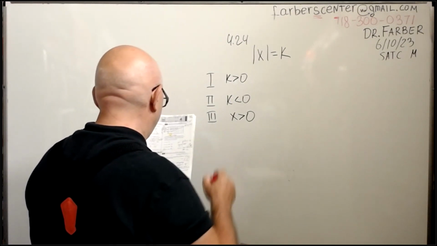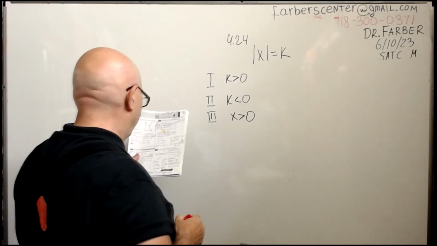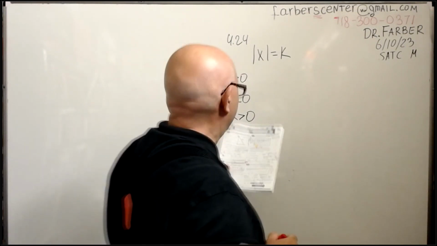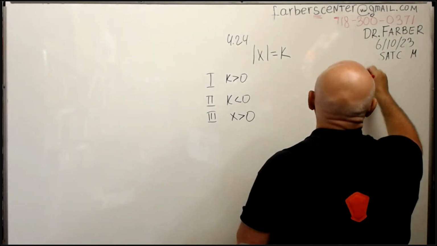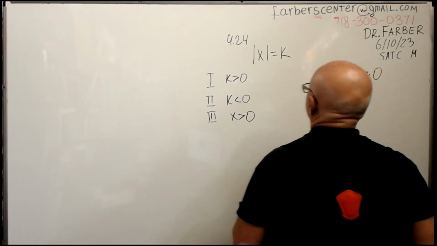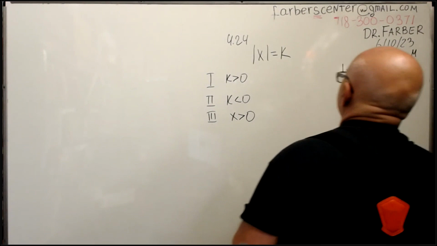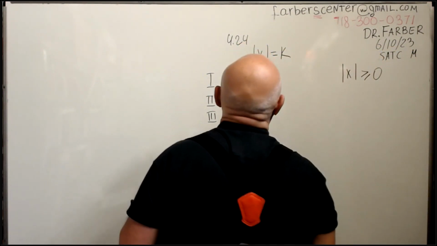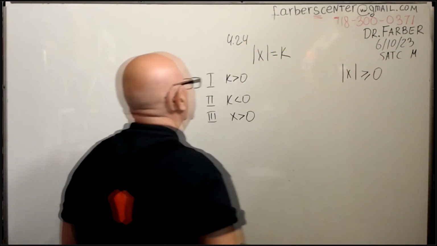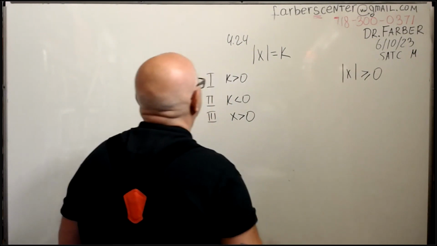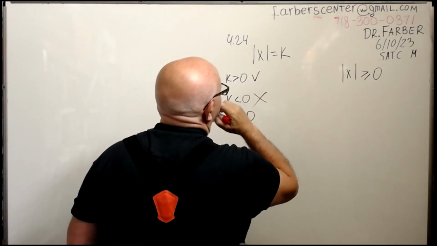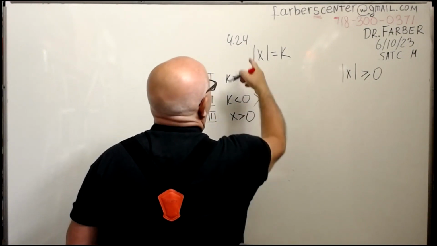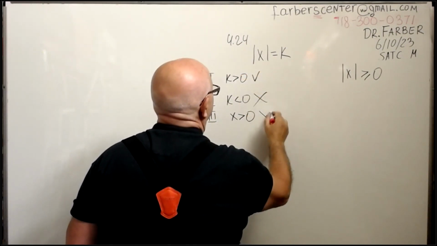If the equation has a real solution, why? You know that absolute value of x is always greater than or equal to 0. So the right part must be greater than or equal to 0. So this works, this does not work. And this you don't care about, because the absolute value of a negative is positive.